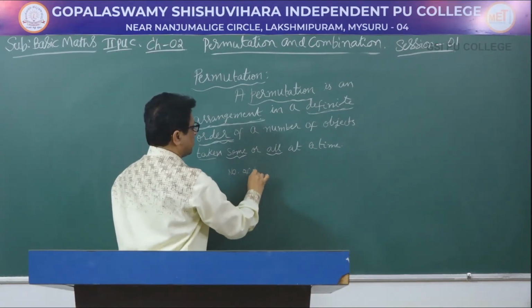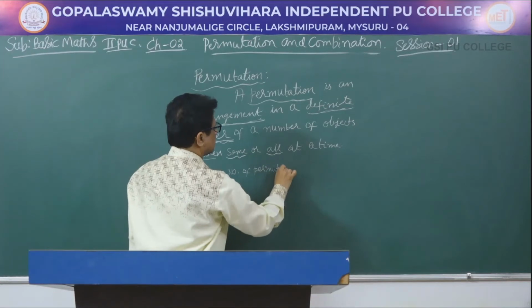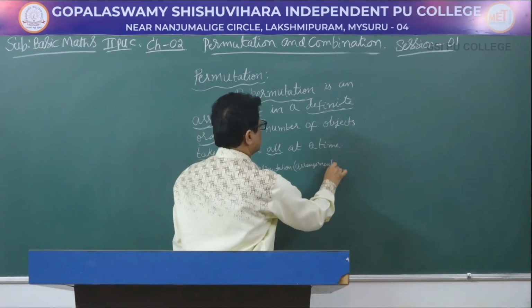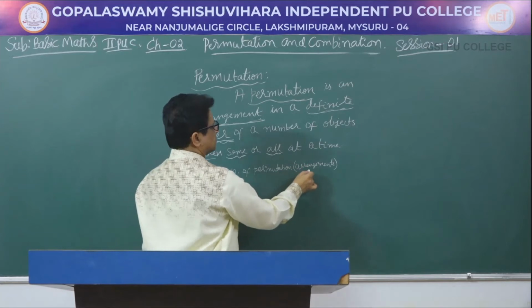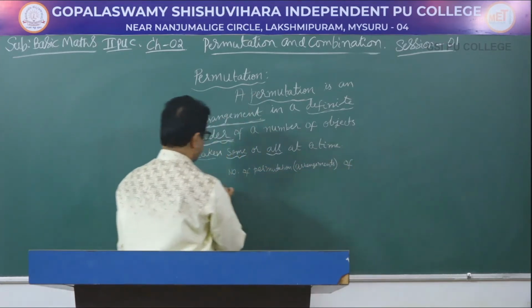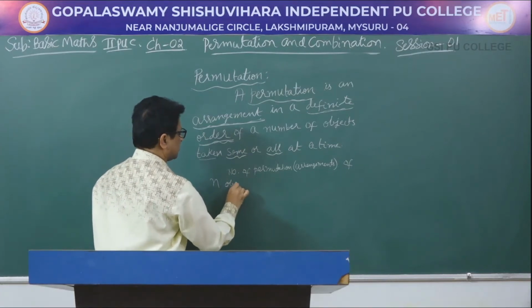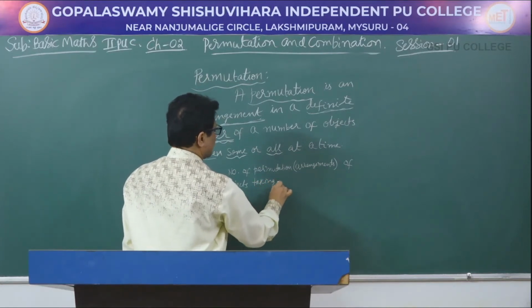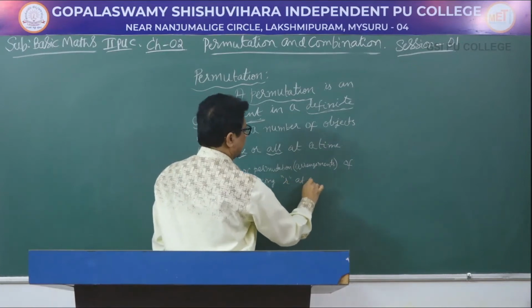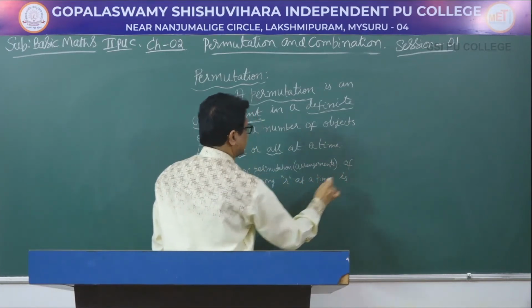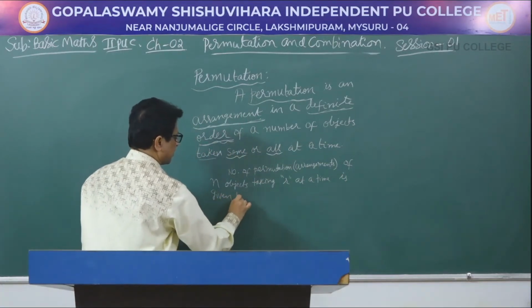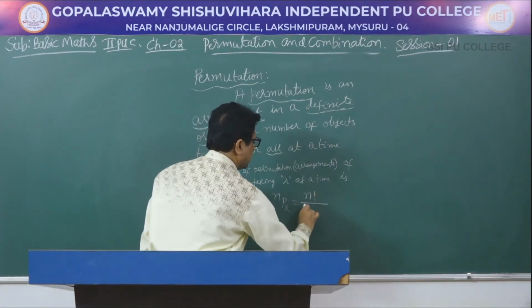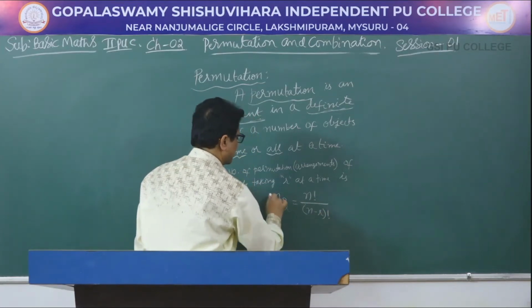The number of permutations or arrangements of n objects taking r at a time is given by nPr is equal to n factorial by n minus r factorial.